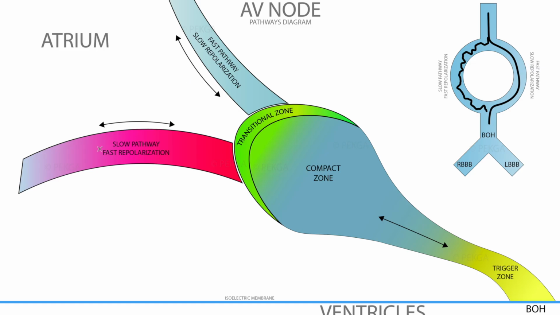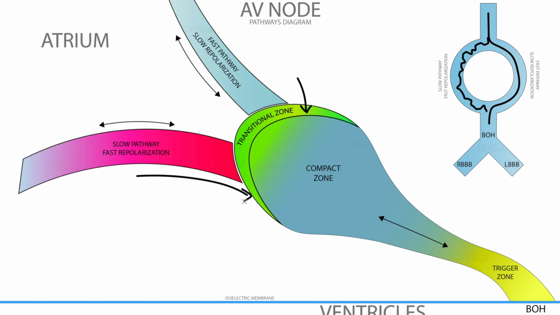We're not talking about SVT here and reentry tachycardias. So this stuff over here, feel free to ignore if you can. Maybe I should have put a box over it or something, but it doesn't matter. So your AV node gets kind of broken up into this transitional zone, and that's the first layer of cells, if you will, that receives the signal that's coming down from the SA node.